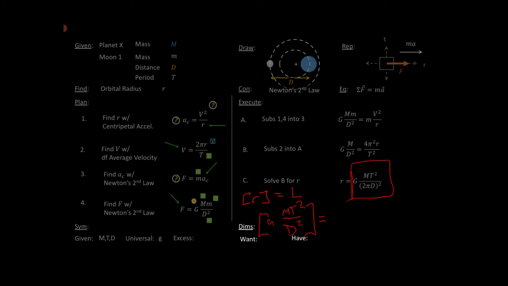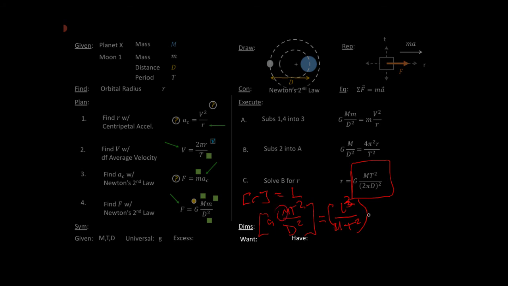First, we have to remember what the units of G are. Right, G has units of L squared over MT squared. L cubed, excuse me. L cubed over MT squared.